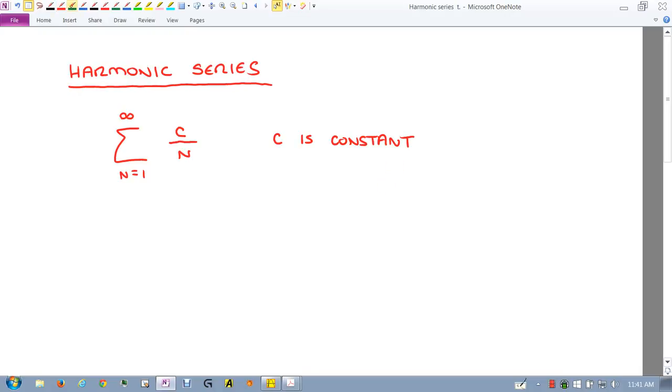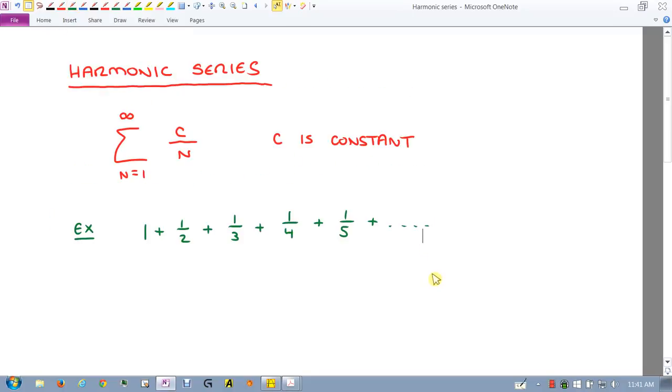So let me show you an example of a harmonic series. The series 1 plus a half plus a third plus a fourth plus a fifth plus dot, dot, dot.